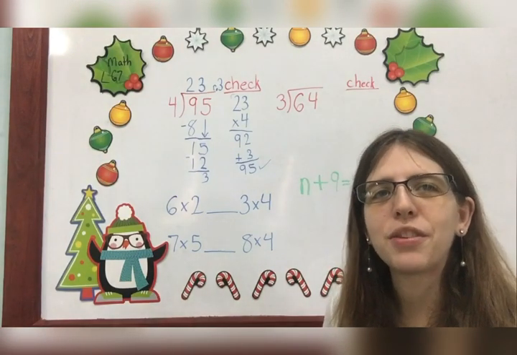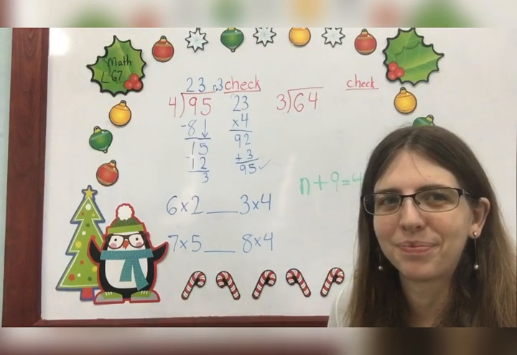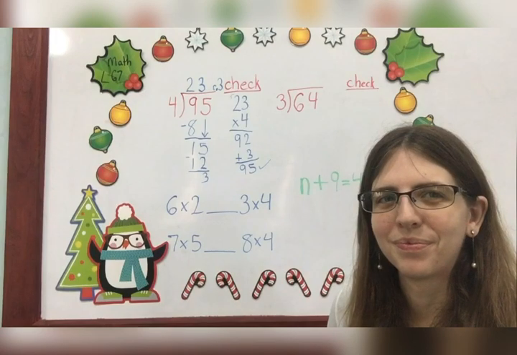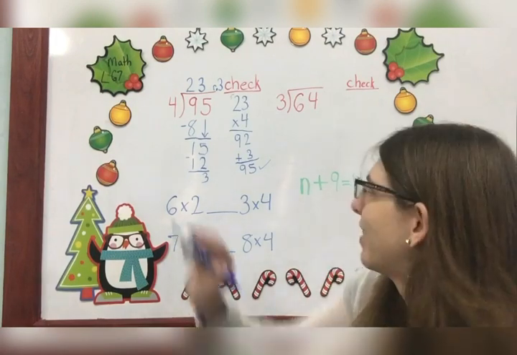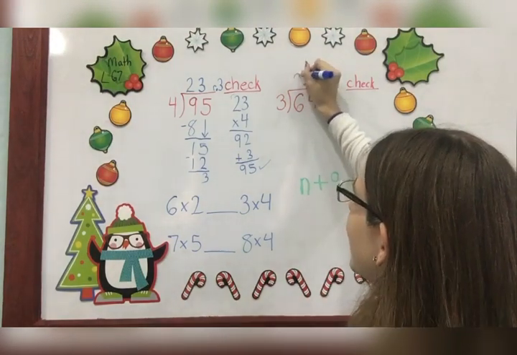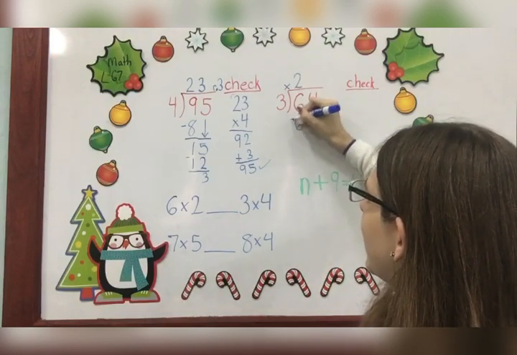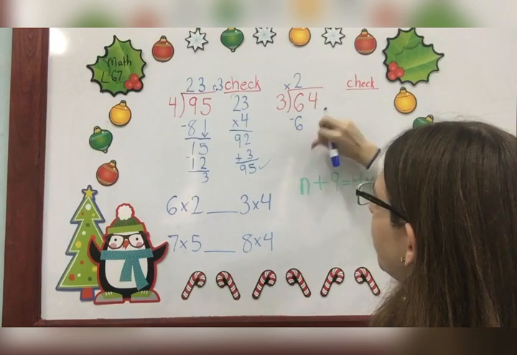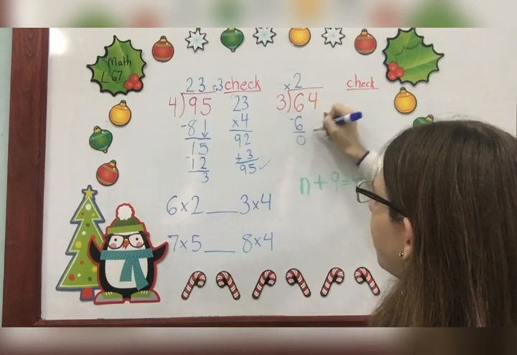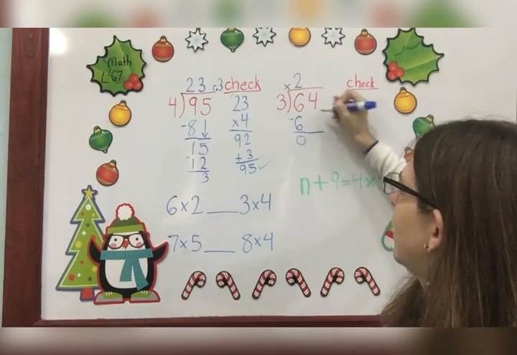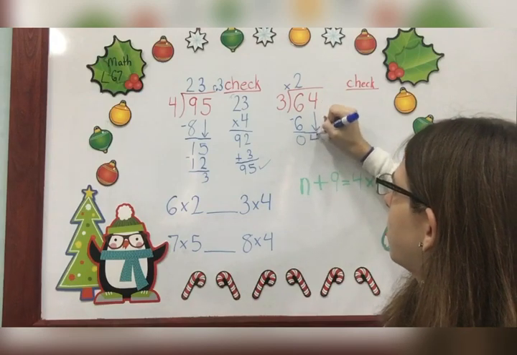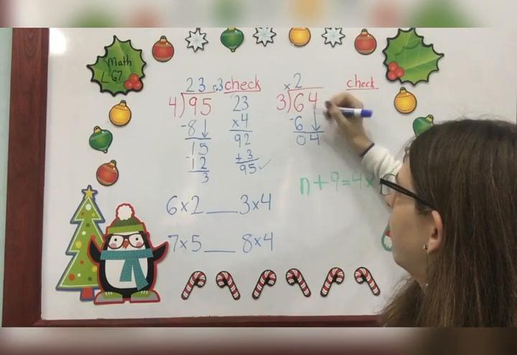How many groups of 3 are in 6? 2, very good. So 6 divided by 3 is 2. 2 times 3 is 6, and 6 minus 6 is 0. 0 is less than 3, so my next step is to bring down my 4. 4 divided by 3.